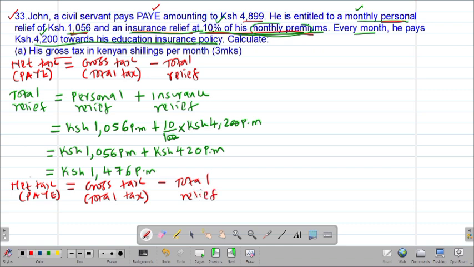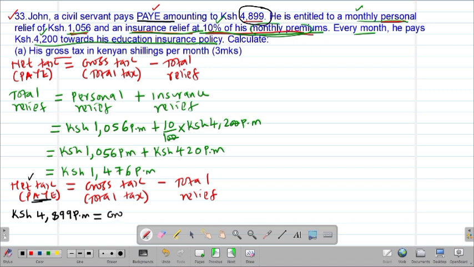So on substituting the values, the net tax from the question was given as Kenya shillings 4,899. Remember, the PAYE is always per month. So this is Kenya shillings 4,899 per month, because we are told that it is a servant's PAYE amounting to that. So PAYE is always per month, which is equal to the gross tax, which is the missing value.